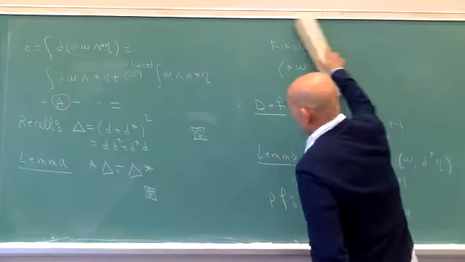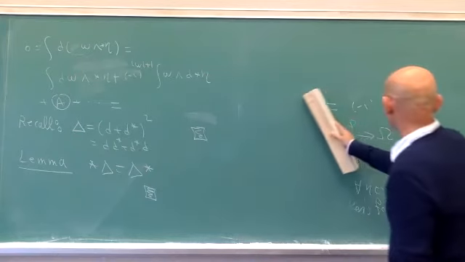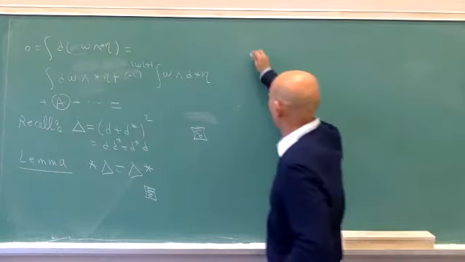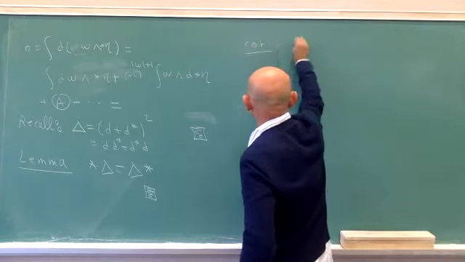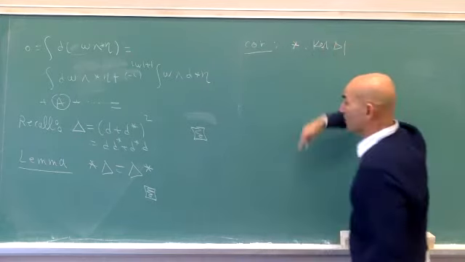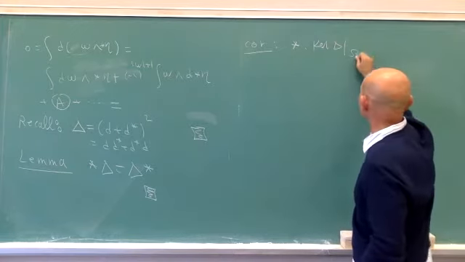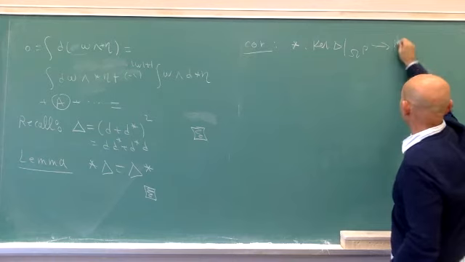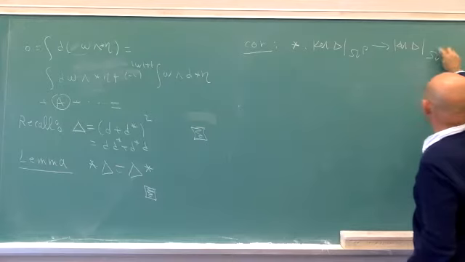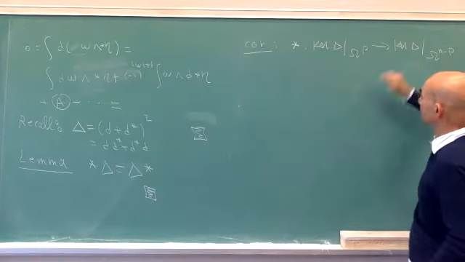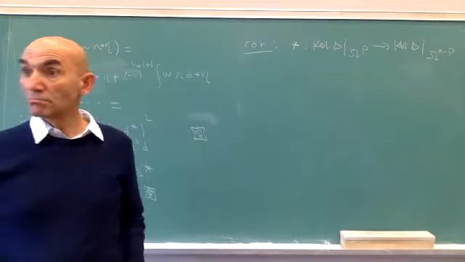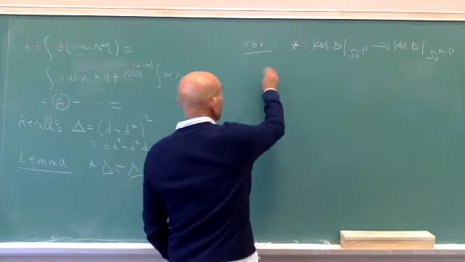So a consequence of this commutation, this symmetry of the Laplacian, is the following corollary: star sends the kernel of the Laplacian on p-forms to the kernel of the Laplacian on n minus p forms. And in fact, this map is an isomorphism.